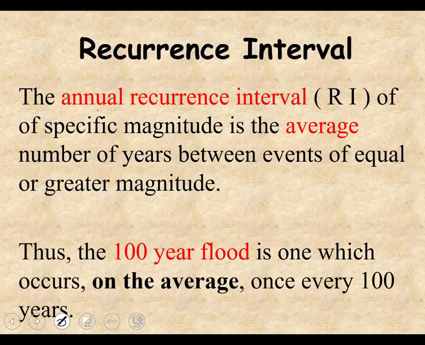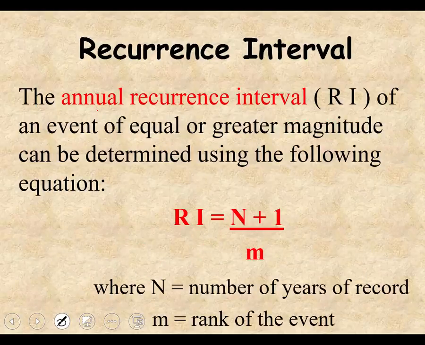Now, when we talk about recurrence interval, and this is a review from earthquakes, but the annual recurrence interval is the average number of years between events of equal or greater magnitude. Okay. So the 100-year flood is one that occurs on the average once every 100 years. Okay. And we can calculate that by this equation.